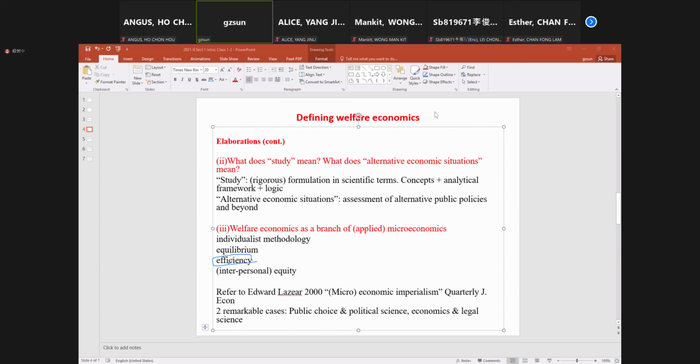We can design policy in a scientific way. Why? Because we have a criterion. We know how to measure the efficiency. We have some theoretical foundation to help us to see whether or not such overall interaction is good or bad.